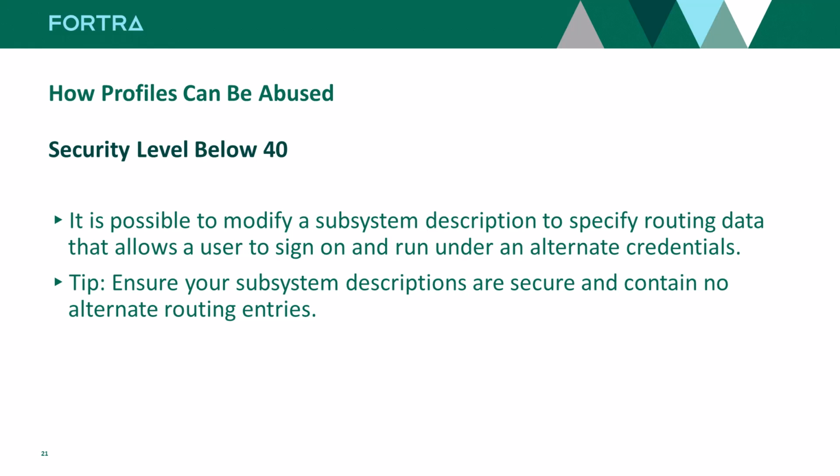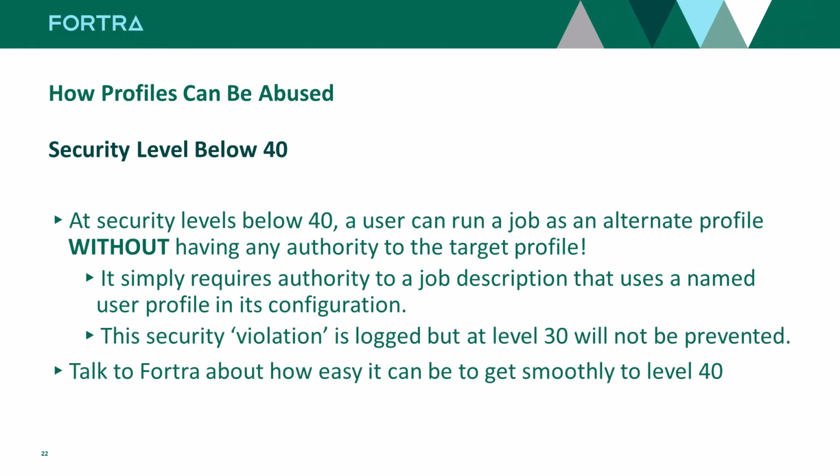One is by modifying the definition of the subsystem to allow a user to sign on with alternate credentials. Another is a user can submit a job using a job description they have authority to, where a user profile is configured to that job description, even though they have no authority to that user profile itself.